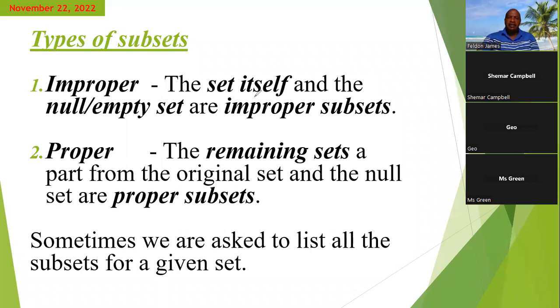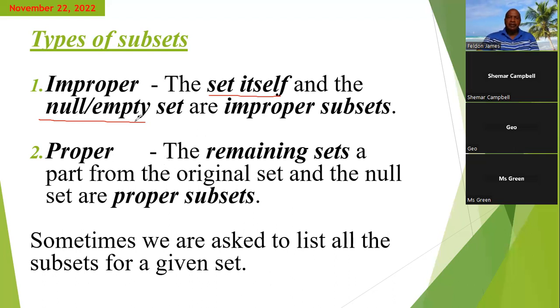So if you have a set and you take the set itself as a subset of itself, then that subset would be an improper subset. So the set itself is an improper subset of itself. The empty set, sometimes they refer to it as the null set, is also an improper subset.